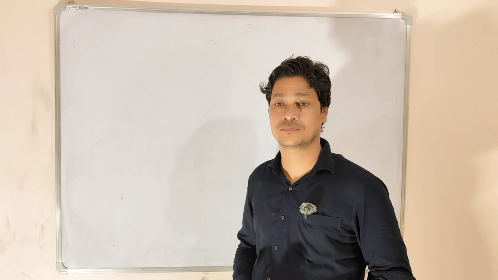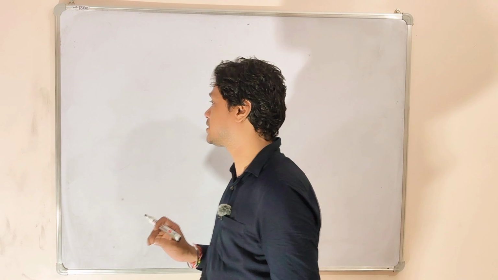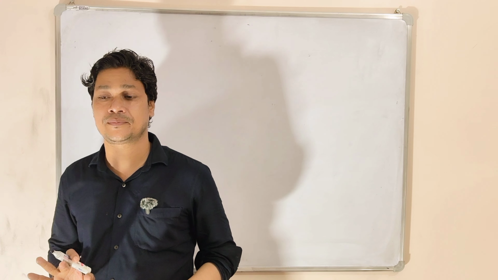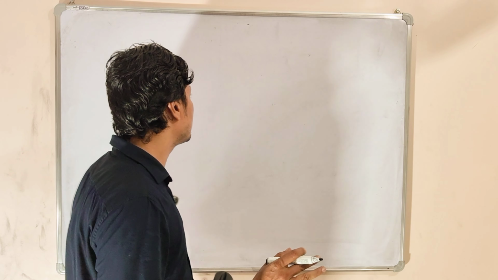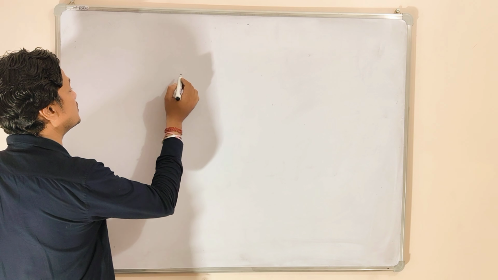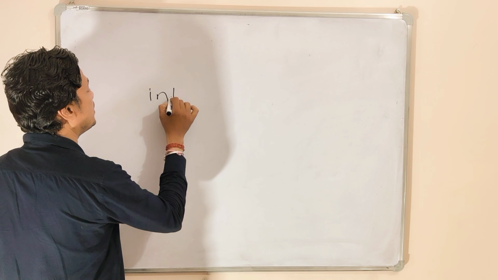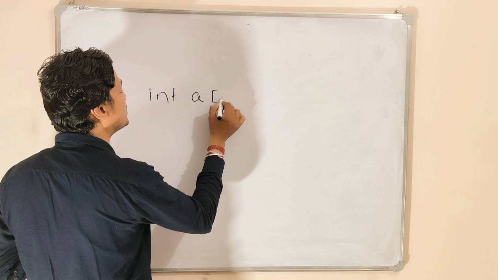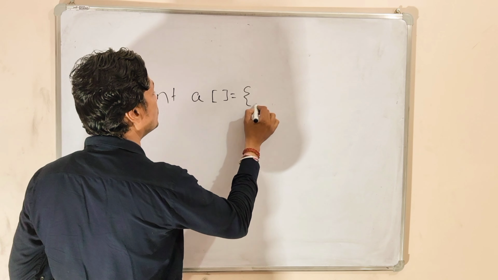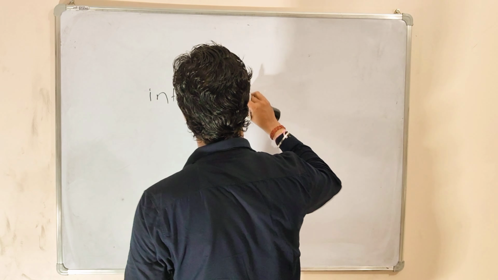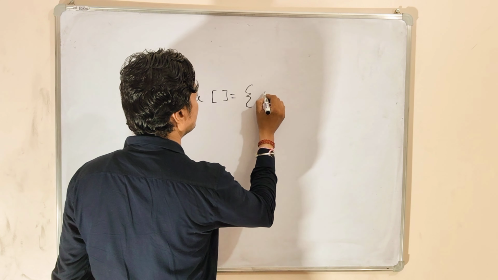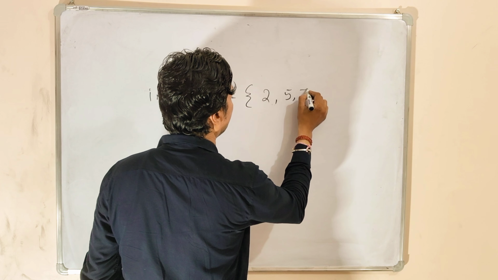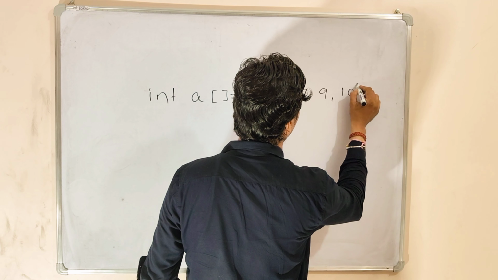Okay, students. Is it clear how to store elements into your array? Yes, sir. Another type of array initialization is also there. You can write int A[] equals, and here you can write your elements: 2, 5, 7, 9, 10.